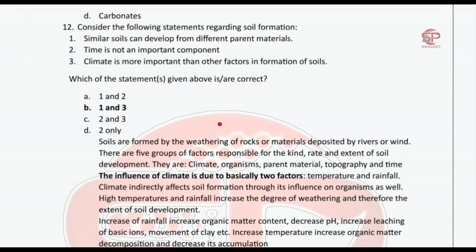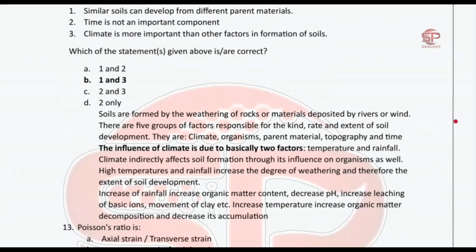And climate is more important than the other factors in the formation of soil, because climate basically influences two factors, temperature and rainfall. Temperature and rainfall are also related to weathering of rock. If you have a high temperature, then rainfall will increase, so the degree of chemical weathering will increase, and high temperature will also facilitate chemical weathering as well as physical weathering.